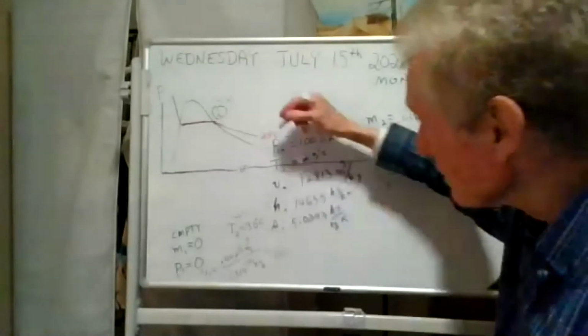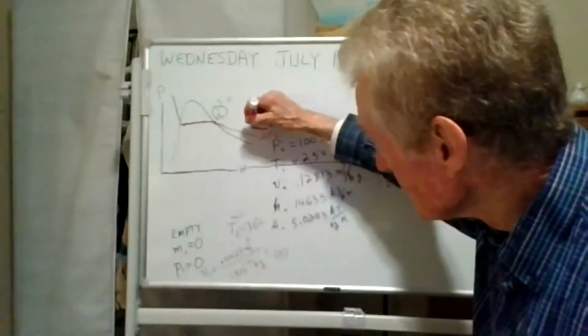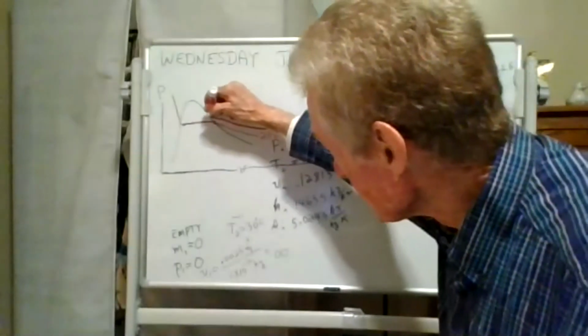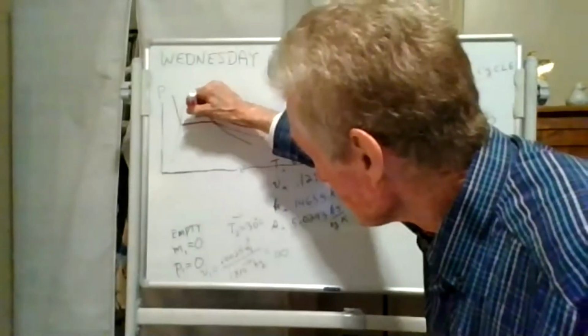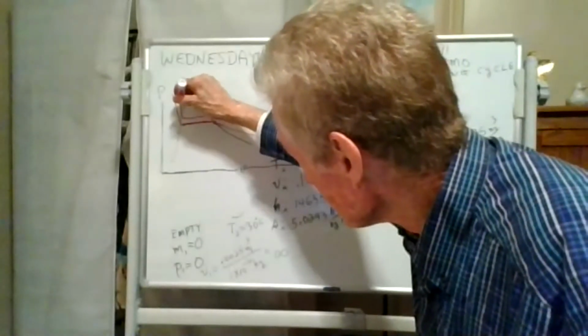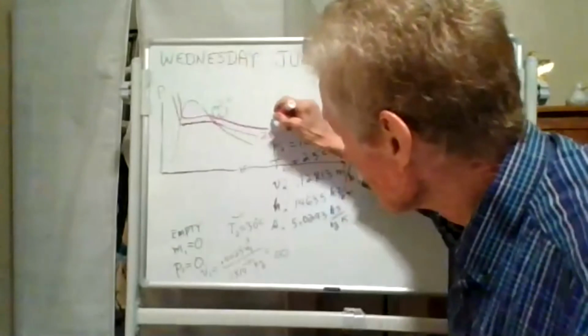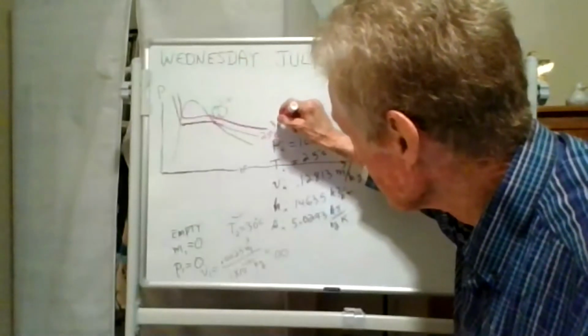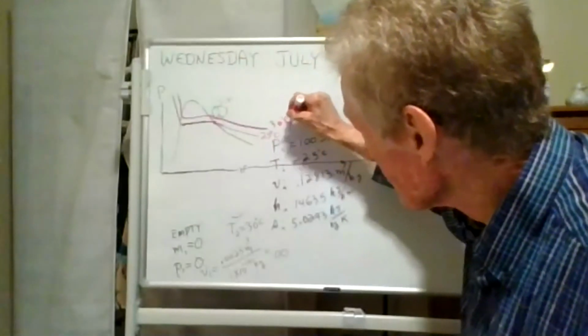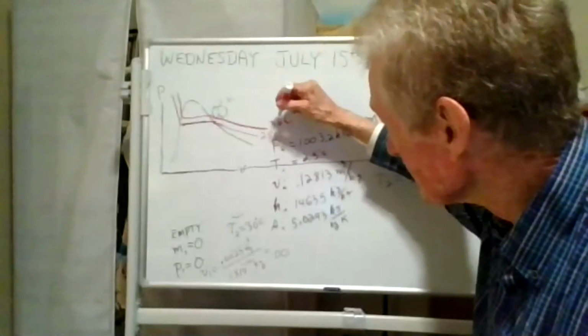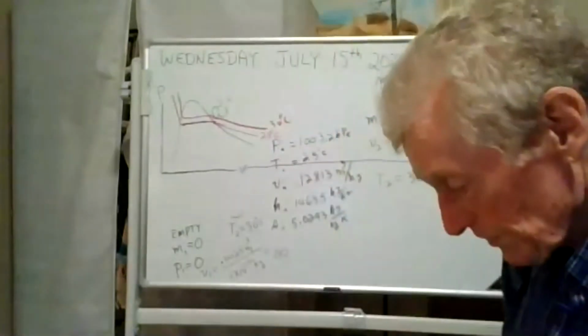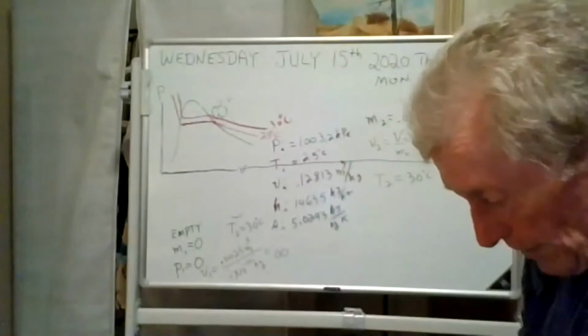Now, 30 degrees kind of does this, sort of follows along like that, comes over here, and that's your 30 degrees Celsius. You've got to learn how to make PV diagrams.